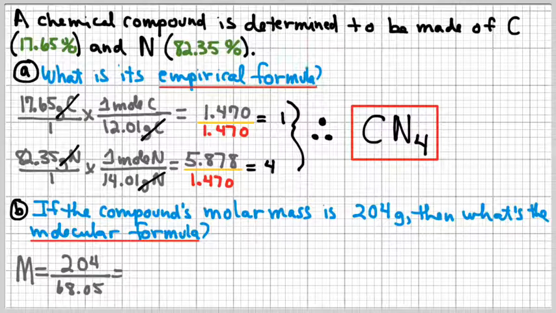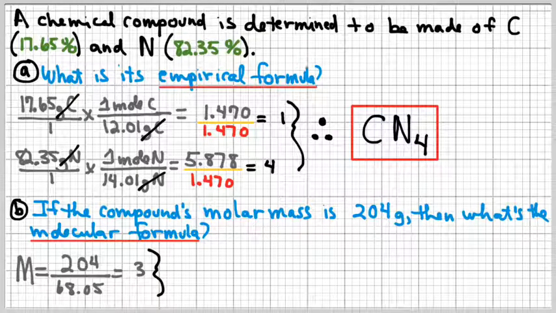I'm going to go ahead and divide that, and I find that that goes into 204 3 times. So if the masses are in a ratio of 3:1, then the components would have to be in a ratio of 3:1.